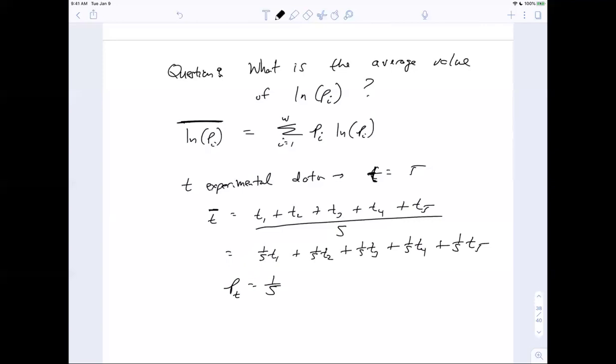Since we have 5 data points, and we're not going to weight any one differently, they're all of equal weight.